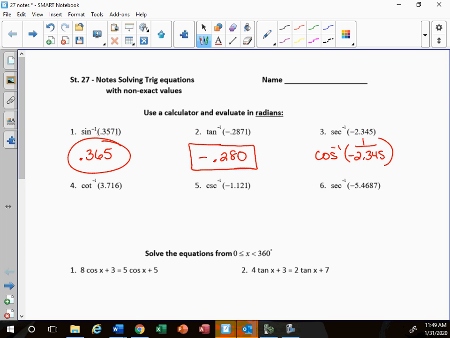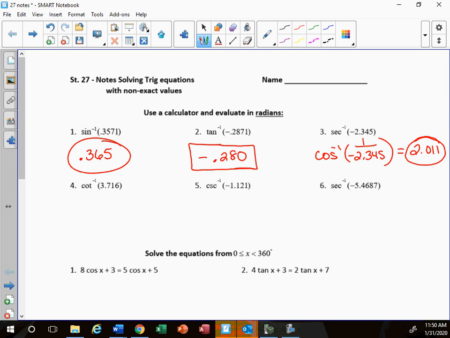It's inverse cosine of that. You should be getting 2.011. Is that what you're getting? Yes. Okay. Your calculator's not cooperating.